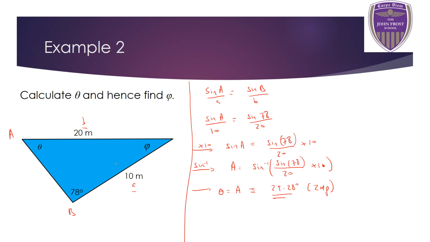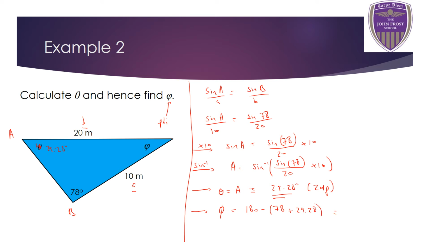So angle theta is now known, which is 29.28 degrees. If you want to find this here, this letter here is the Greek letter phi. I call it phi. So for phi, I'll do 180, take off the sum of the other two interior angles.